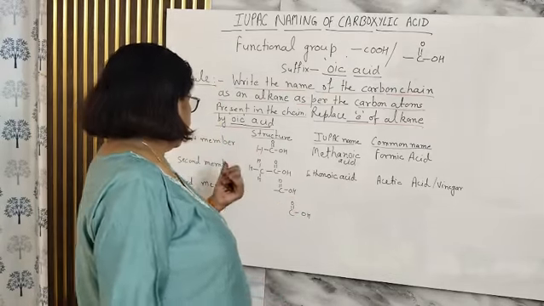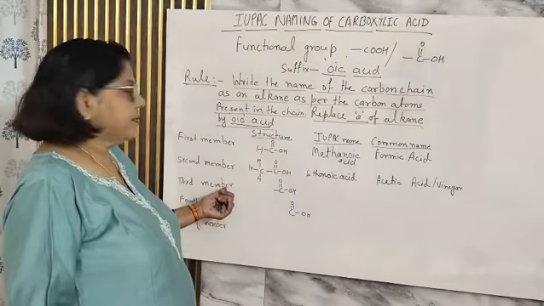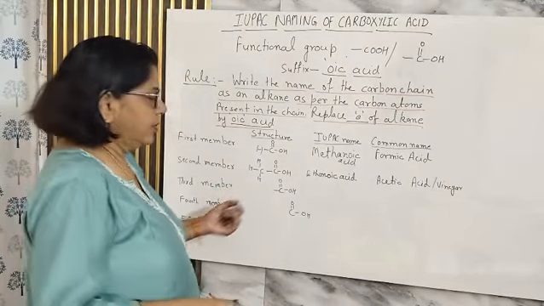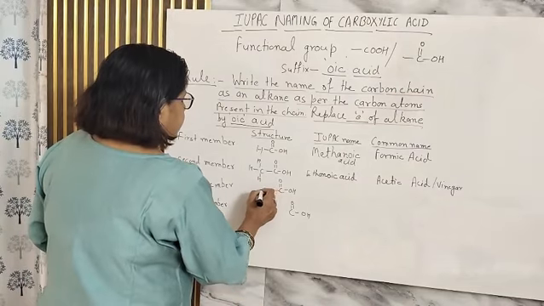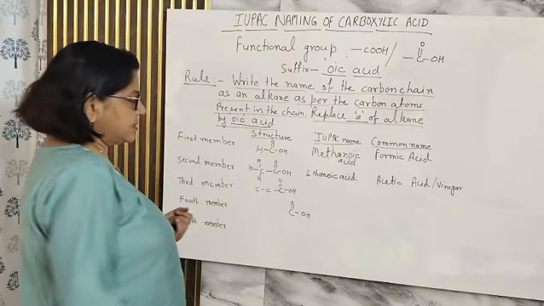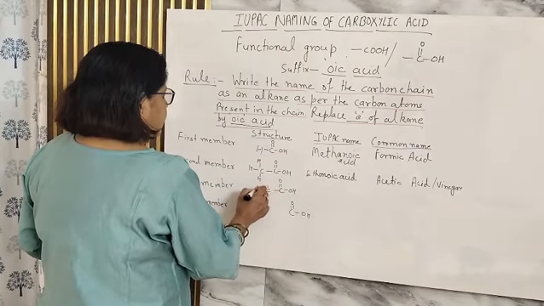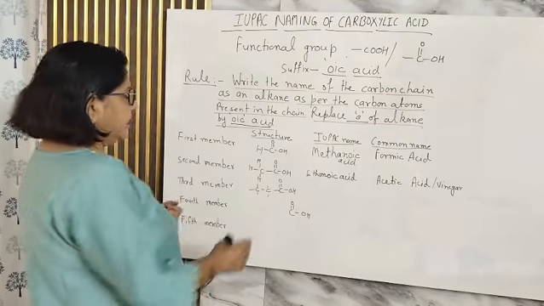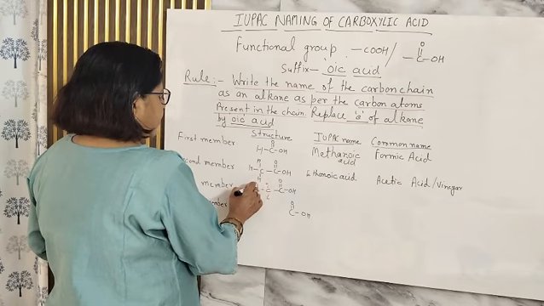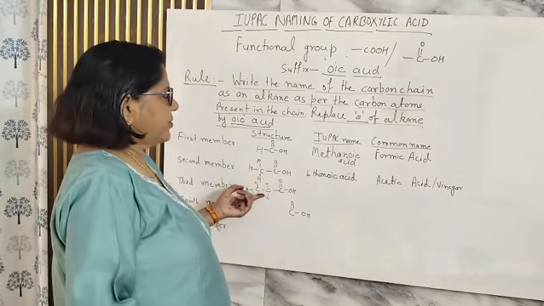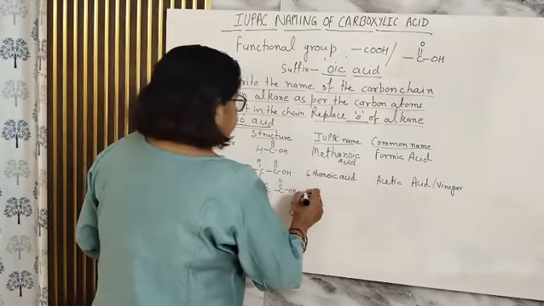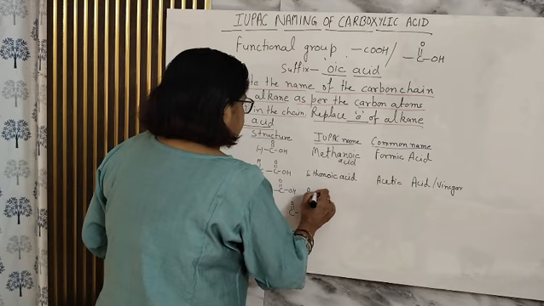Fine. Now the third member should have 3 carbon atoms. One is present in the functional group, 2 more I draw over here. So there are 3 carbons. Put the hydrogens. The name will be written first as an alkane. From 3 carbons, the alkane is propane.